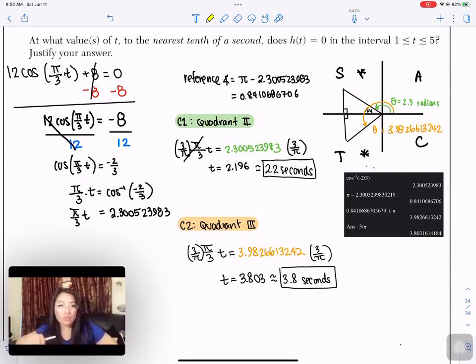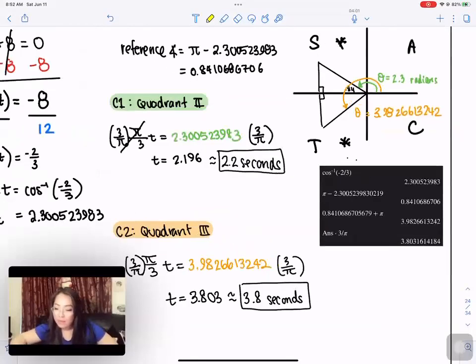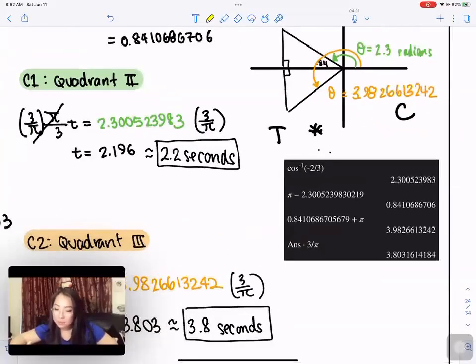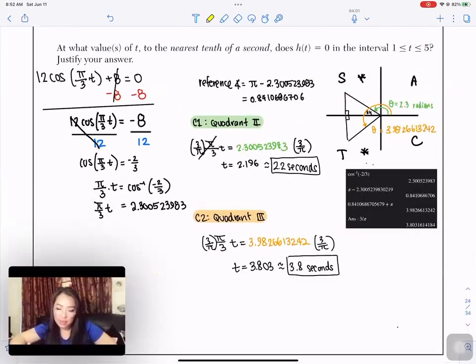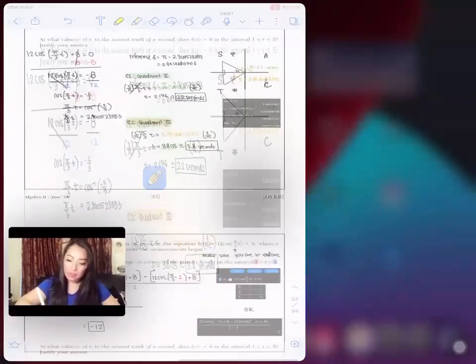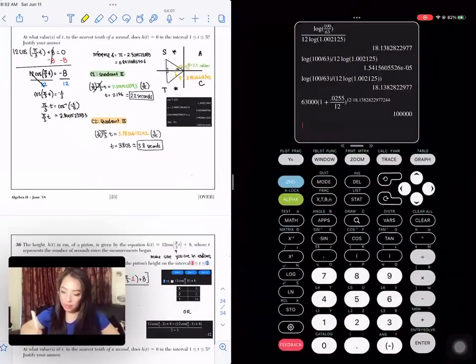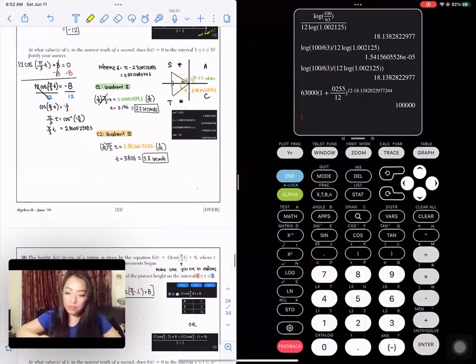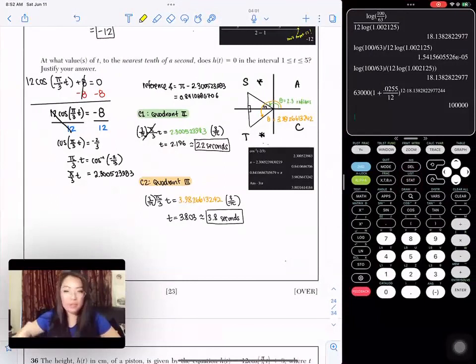An answer in quadrant 2 where it's 2.2. And if you look at my calculator, you can just do arc cosine of -2.3. What did I do after that? Oh, I deleted it, but okay, let me just pull up my calculator so you can see what's going on. If you don't understand it, that's fine, because you don't need to do this to understand it.